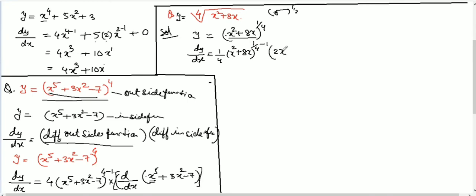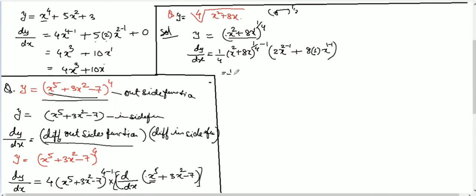So 2 comes in front of x. That will be 2 times x to the power 2 minus 1, plus 8 and x to the power, nothing we can see, but there is still a power of 1. So 8 multiplied by this power comes in front of x. So 8 multiplied by 1 and x to the power 1 minus 1.